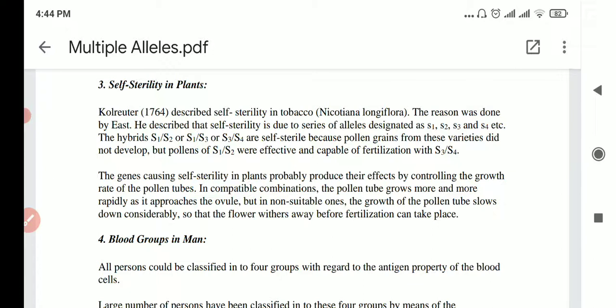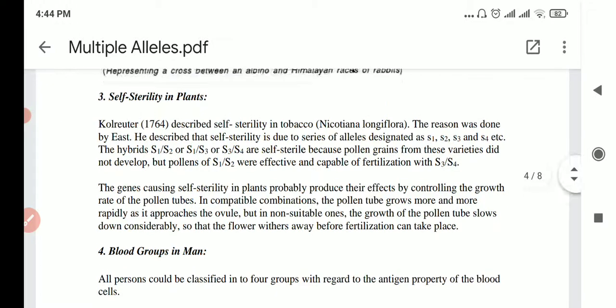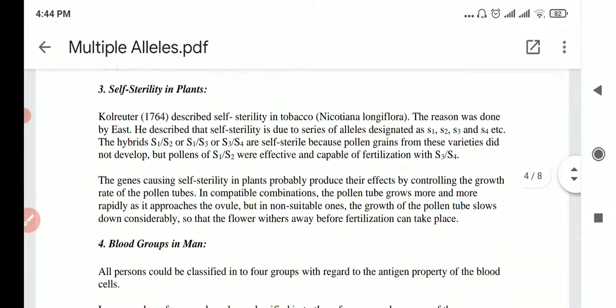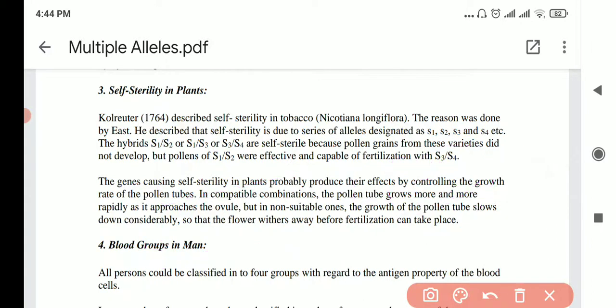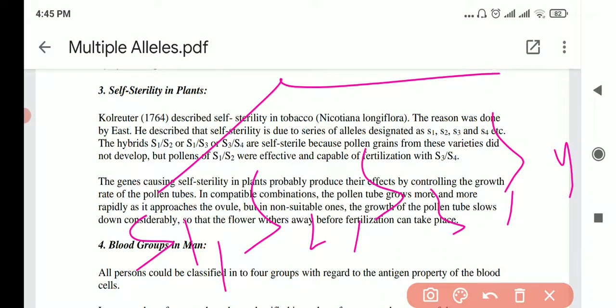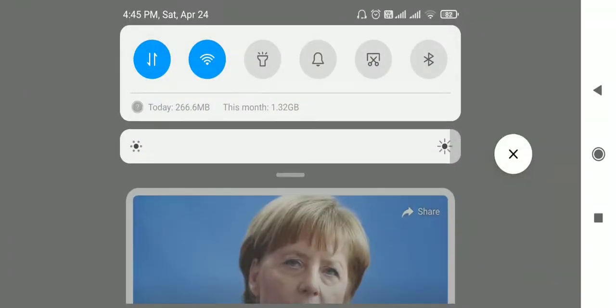Now Kjolter, he described self-sterility in tobacco, and he described that there is a series of alleles that are designated as S1, S2, S3, S4. These all denote sterility in plants.